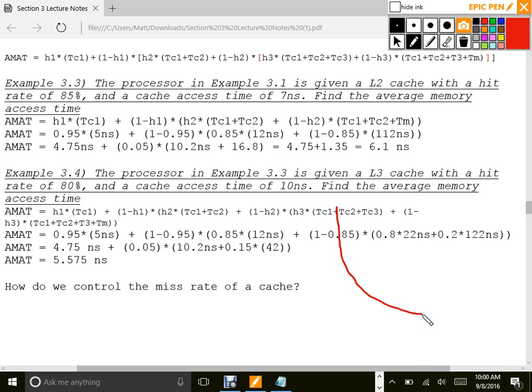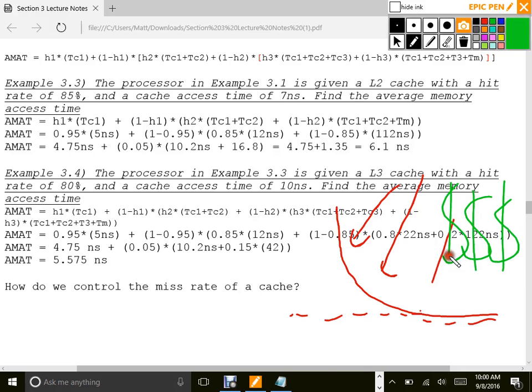Those who remember from calculus, you're about to reach an asymptotic point, and with each one you add, guess what? You're starting to add money. So your cost is going up. So where that tends to end is at level 3.